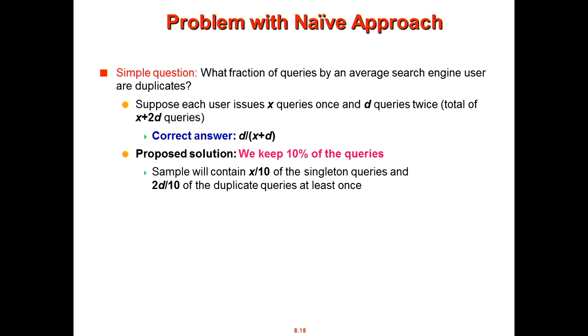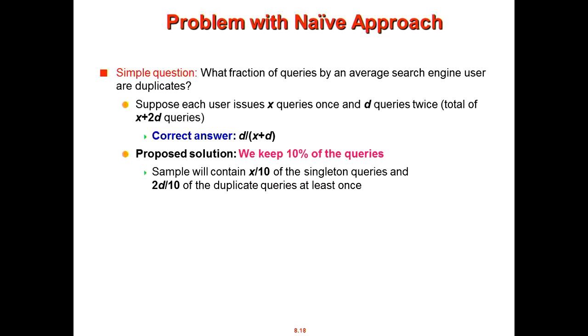This sample will contain 10% of X, of the singleton queries, and 10% of the first D queries, and 10% of the second D queries. So in total, it's 20% of D queries.